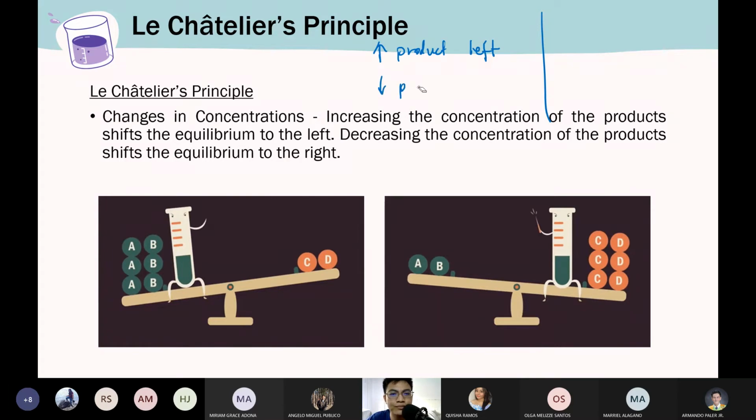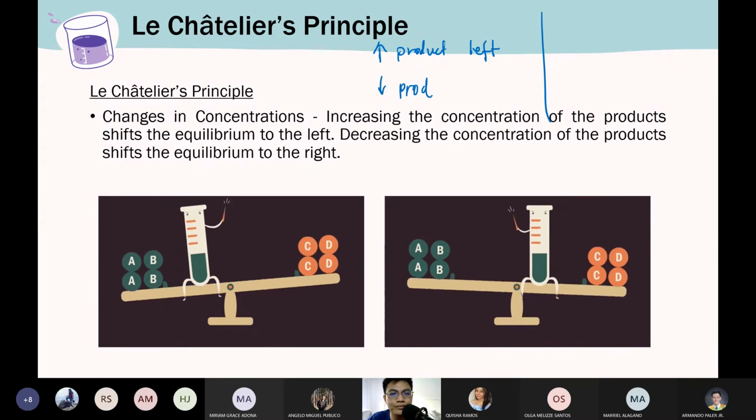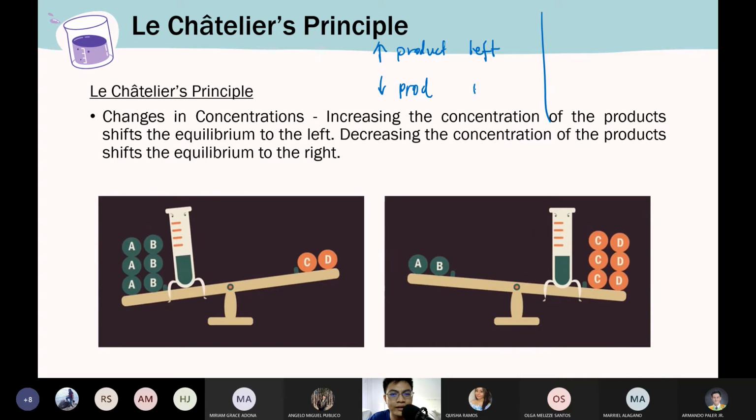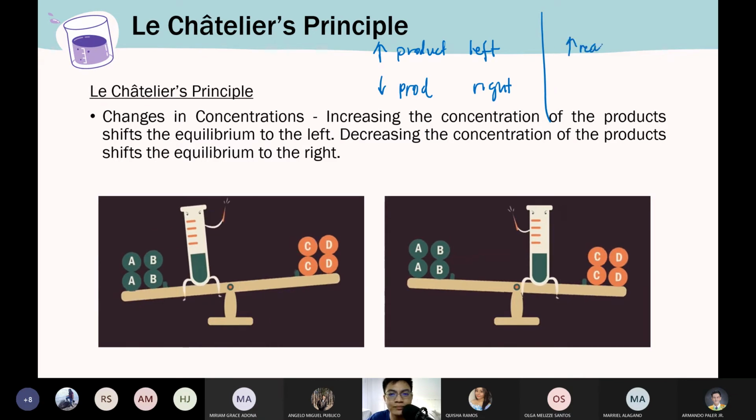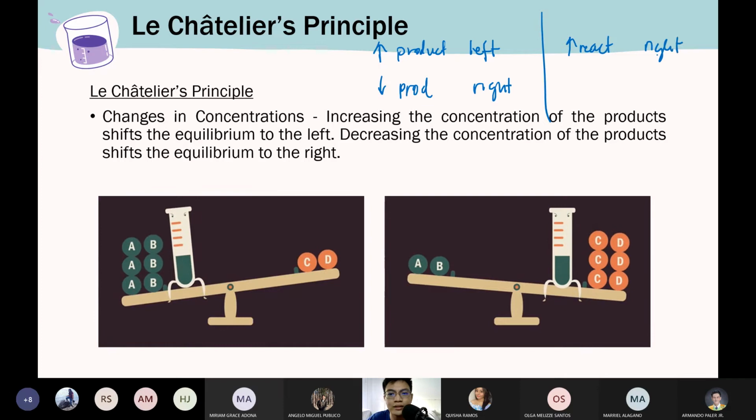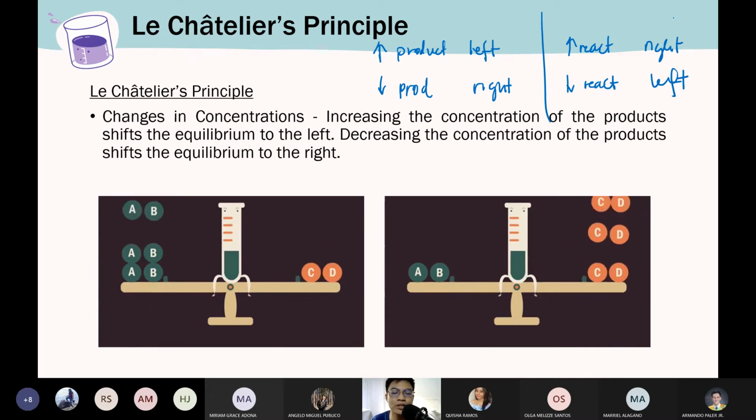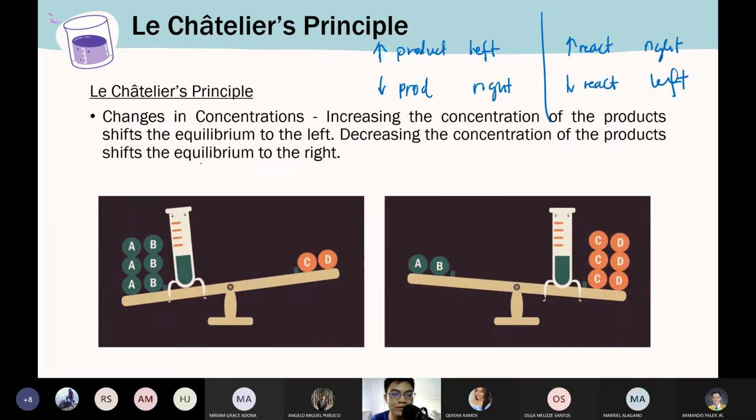Decrease product to the right. And then, when you do the other side, yung sa reactant naman, when you increase reactant to the right, and when you decrease your reactant to the left. So, those are the possible directions of reaction depending on the change of those concentrations.